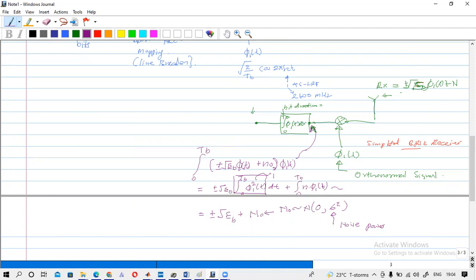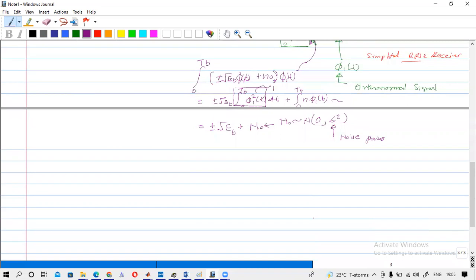Actually we have generated this signal and seen what is happening when we are increasing and decreasing this noise power. Now what is the problem? We are sending plus or minus root EB.